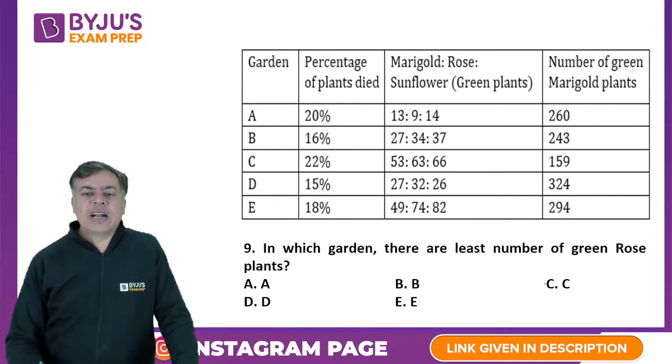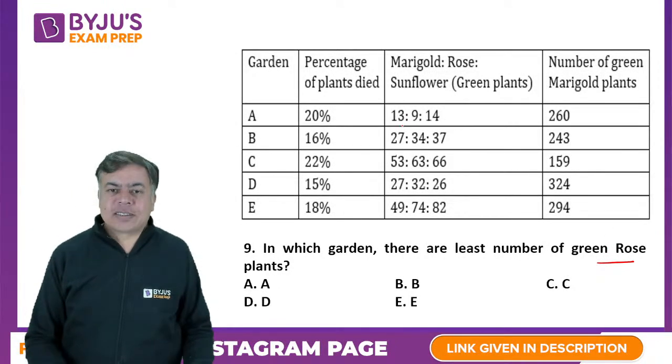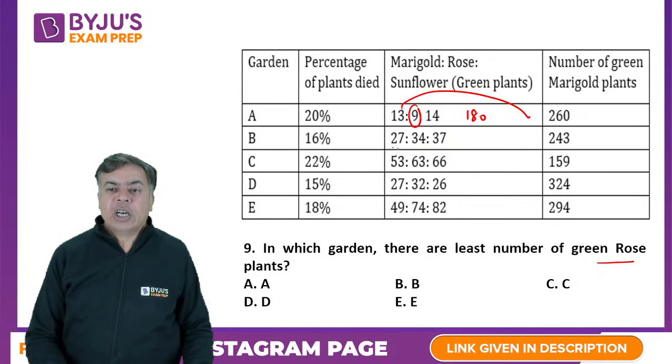See, in which garden are there the least number of green roses? I'm leaving it to you, right? You will calculate, because you can calculate it like this. If I am talking about roses, it is 13 into 20. So here roses will be 9 into 20, 180. 27 into 9, so 34 into 9.